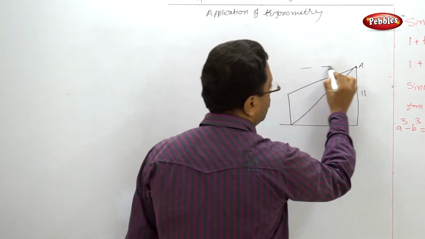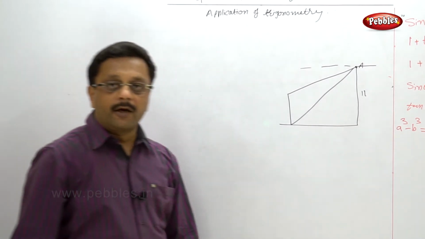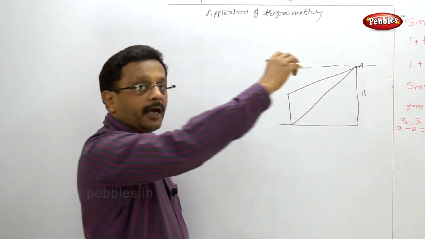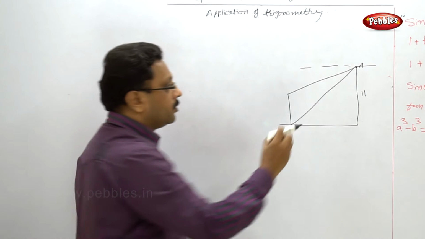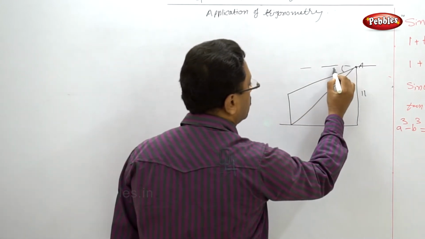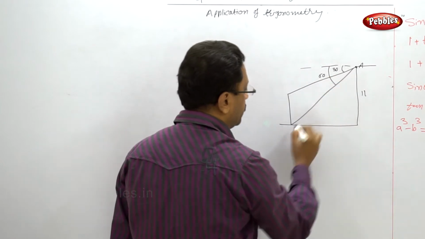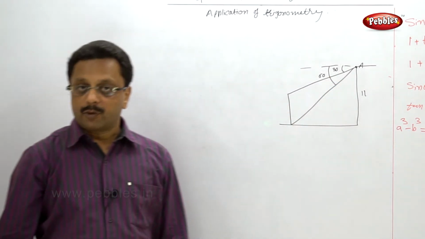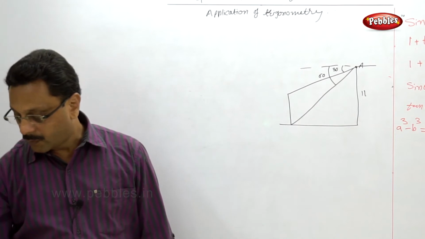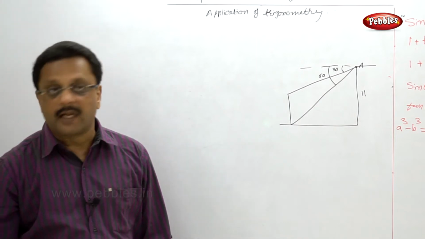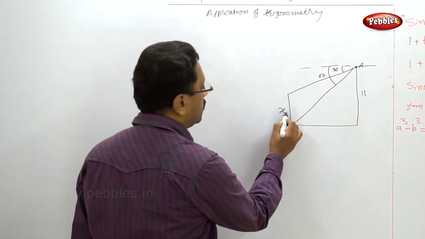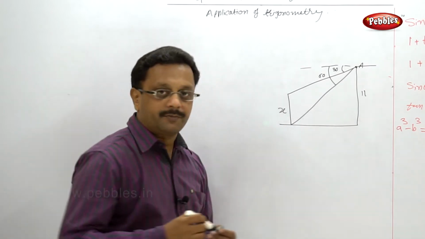Now remember, the angle of depression, you are standing here and you are looking down, so this angle is 30 with the top and this angle is 60 with the bottom of the lamp post. What is the height of the lamp post? They have asked the height of the lamp post.